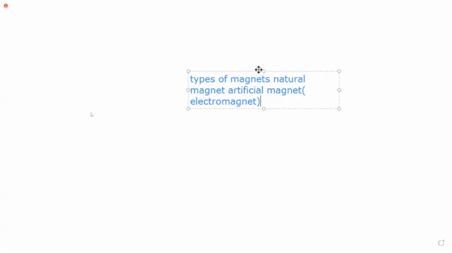Natural magnet is taken out from the earth, and it is called lodestone. And what is the formula? Fe3O4.